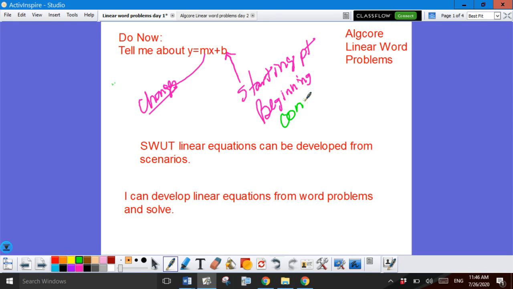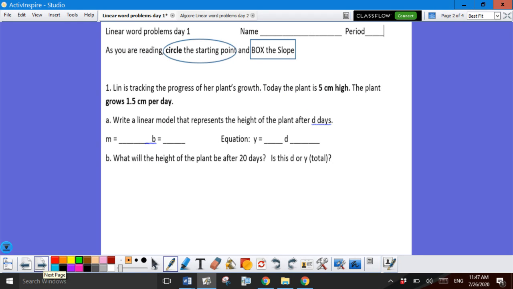This one is going to be the constant. So the B never changes. That is my constant thing. That's going to happen once. This one, the slope, is going to change depending on either number of shirts, number of miles, something. It's going to change. Okay, so we have to be prepared to figure out which one is which.